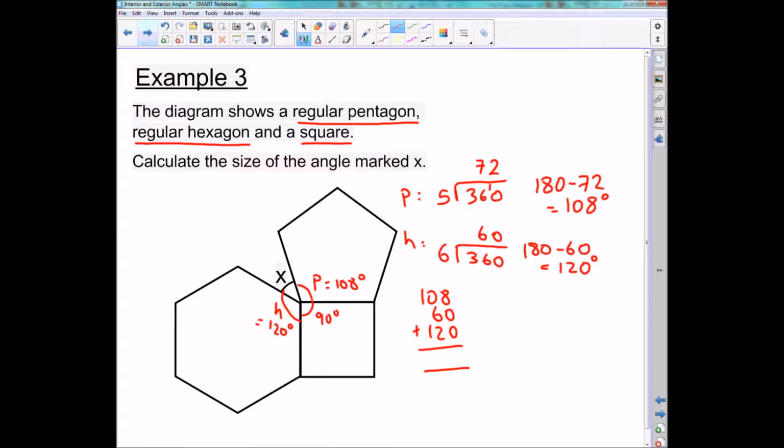Adding it up in a column, because usually this is on a non-calculator paper, I get 288, and then take it away from 360, borrowing, borrowing again, and I get an answer, X equaling 72 degrees.